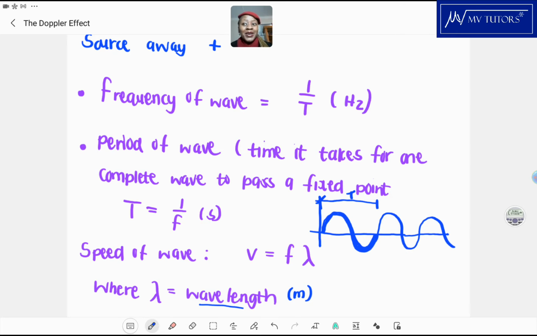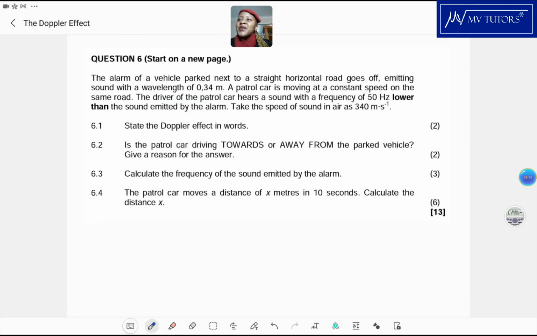Now let's go to the calculations. All right, so question 6. The Doppler effect is normally question 6 of your paper 1 exam. Now it says the alarm of a vehicle parked next to a horizontal road goes off. I'm going to just attempt to draw a vehicle. So you have a vehicle here.